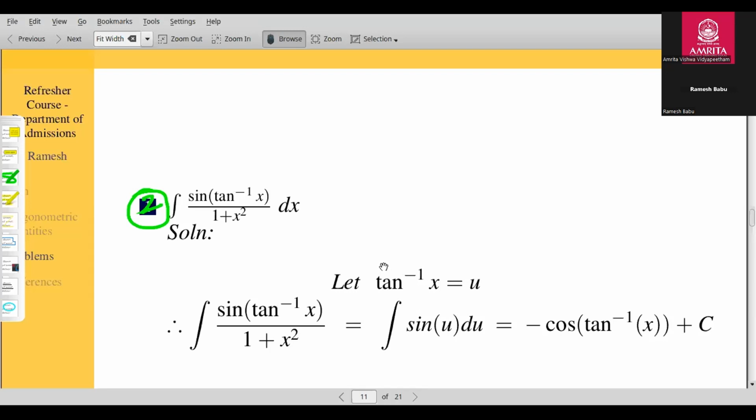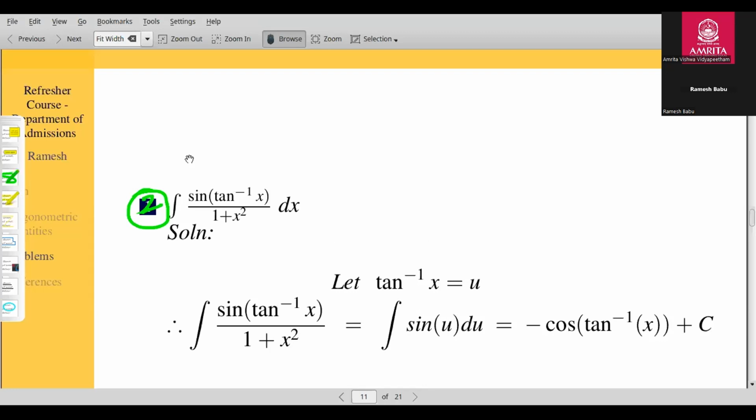So the substitution must be u is equal to tan inverse of x. So what will be du by dx? 1 over 1 plus x squared into dx is equal to du.